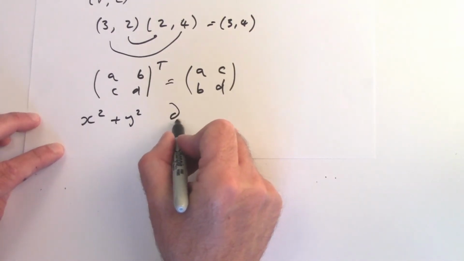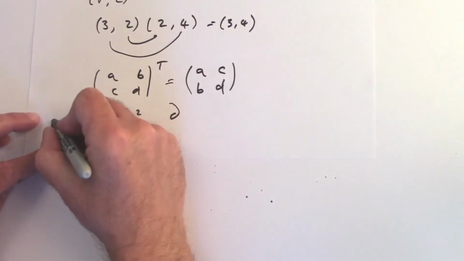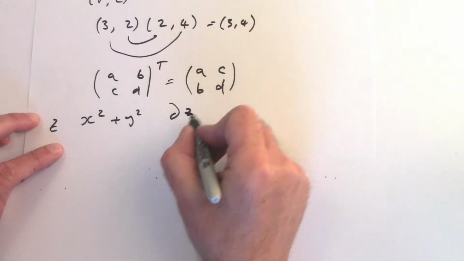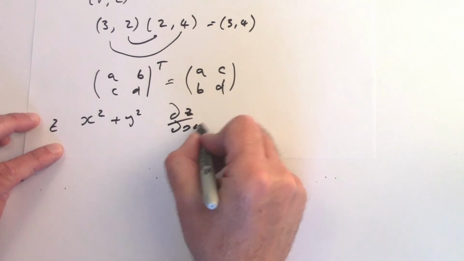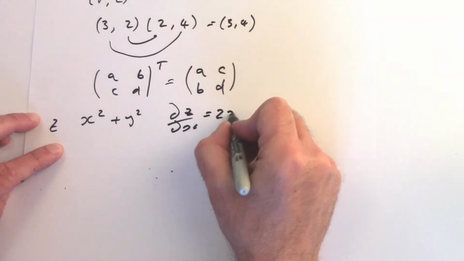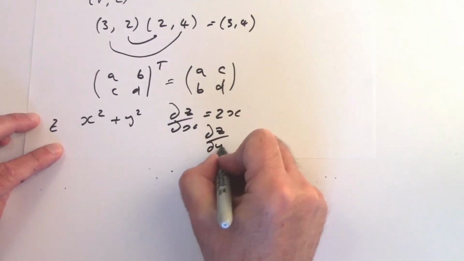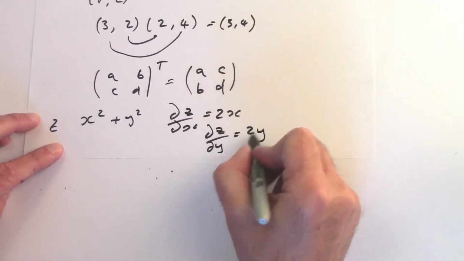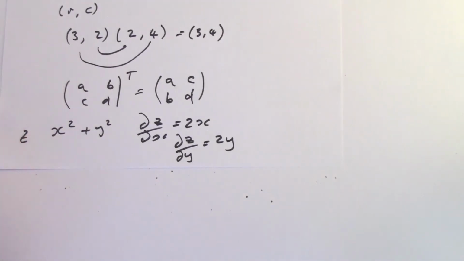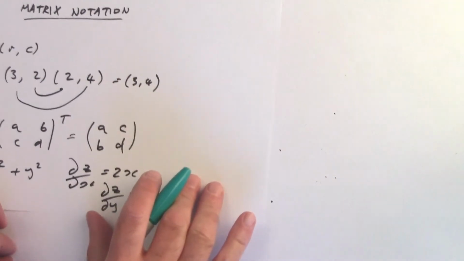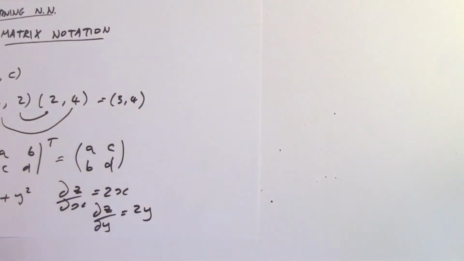So d of that function, let's call it z, dz by dx will be 2x, and also dz by dy, keeping x constant, is 2y. So that's basic differentiation.